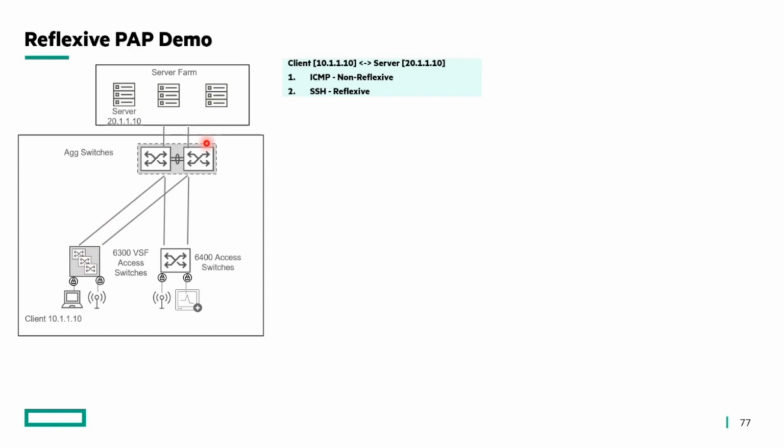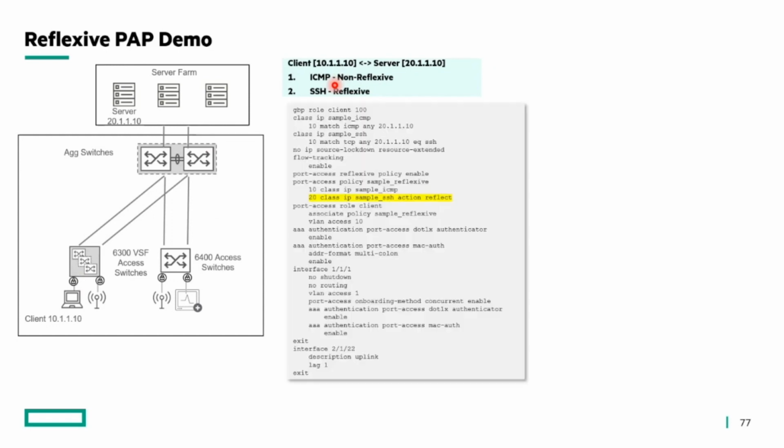On top of it, I wanted to verify the network connectivity. So the ping between the server and client has to work, but it is completely non-reflexive, where I do not want it to have control only when client initiated or server initiated. And apart from that, we do not support the ICMP protocol in the reflexive policies. So for that, the configuration I have created uses two classes here.